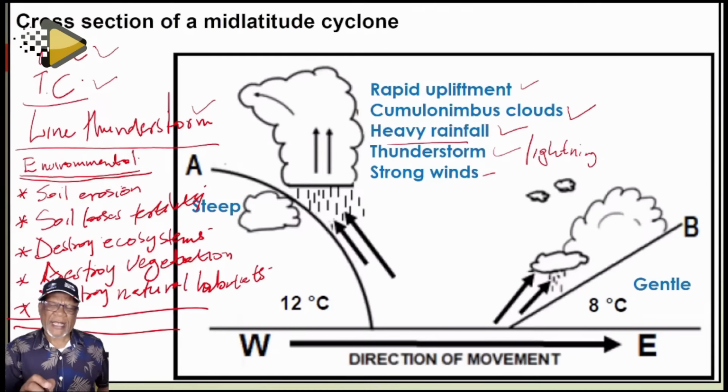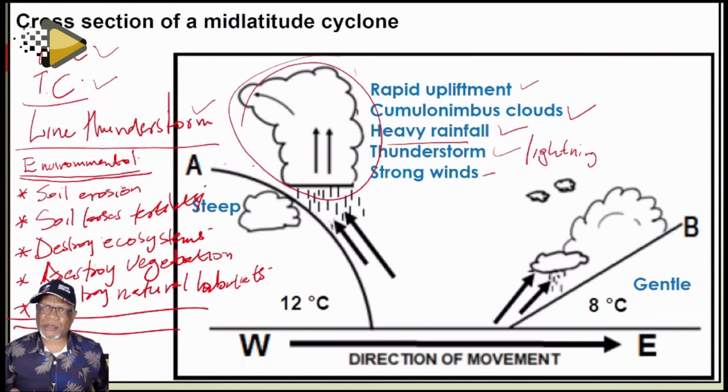Because a mid-latitude cyclone is associated with cumulonimbus clouds, and also a tropical cyclone is associated with cumulonimbus clouds, and also a line thunderstorm is associated with cumulonimbus clouds, it doesn't matter what phenomenon will be assessed on Wednesday.